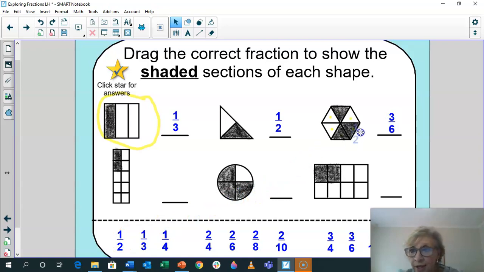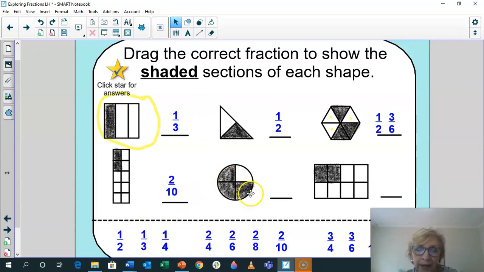Can you see that? Because 3 parts are not shaded. And over here we have got our tenths, and 2 out of those tenths are shaded. There we go. Like that. 2 tenths. 2 out of 10.